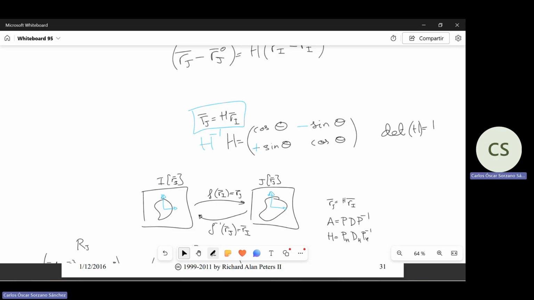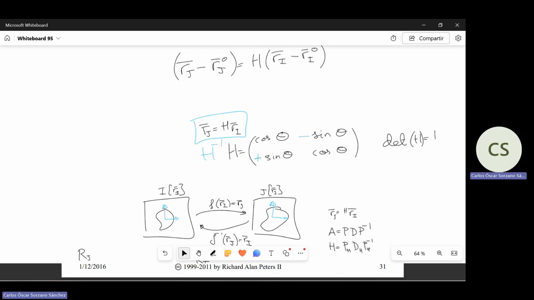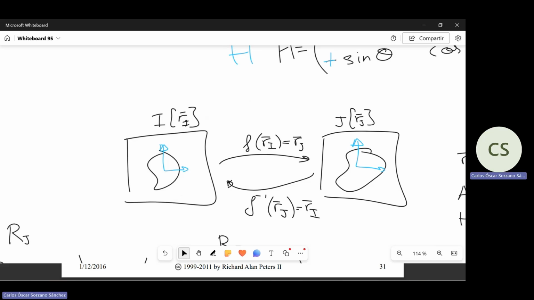It's more convenient to make this axis pointing down, so let me do it pointing down like this. And we have some other coordinate system that is based there.